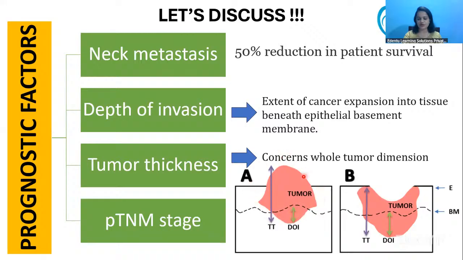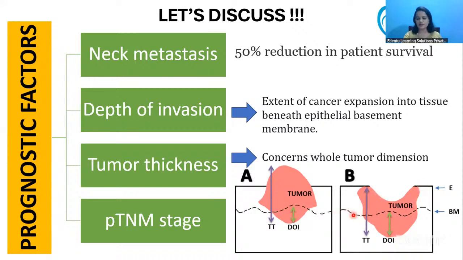This one is a proliferative growth. Here the depth of invasion is measured from the normal basement membrane to how far the tumor has invaded into the underlying connective tissue. And here it is more of an ulcerative growth.